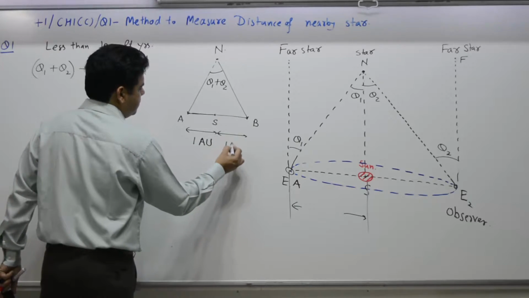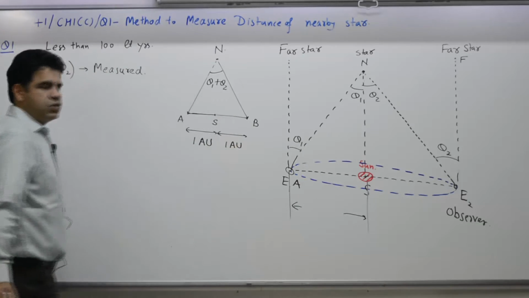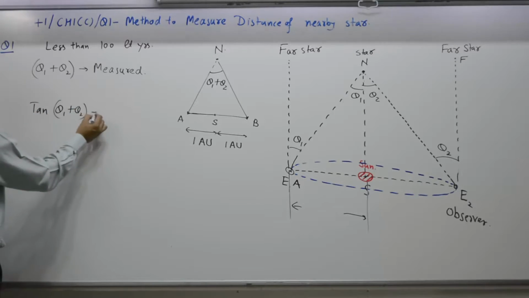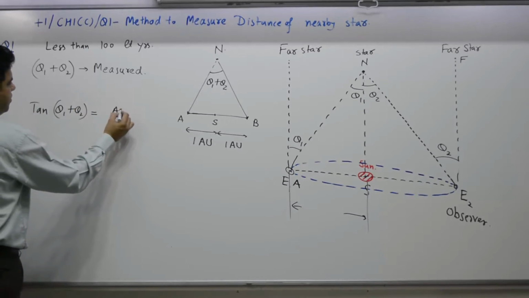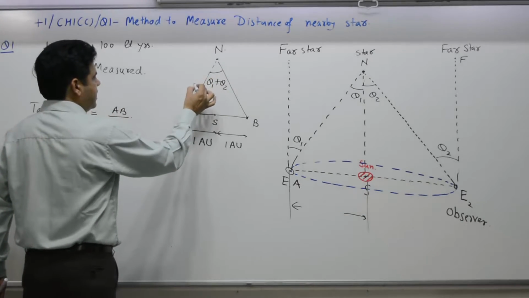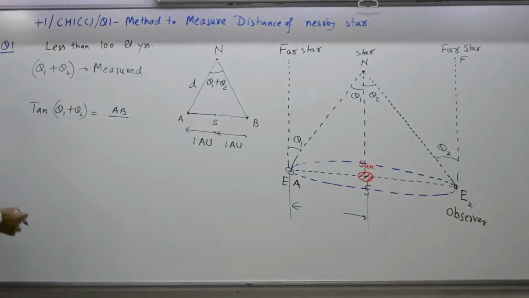This is also approximately 1 astronomical unit. So what is the total distance equal to? 2 astronomical units. Tangent of the angle is equal to perpendicular by base. Let this distance be D.